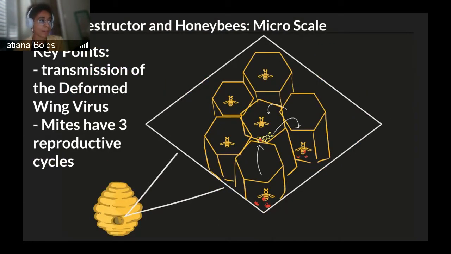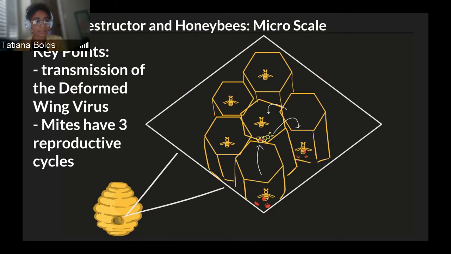If we go to the next slide, you can see the microscale interaction between mites and bees, where within the hive, the varroa mite can ride on a worker bee to reach the brood or larvae within the cells. They enter these cells and feed off the bee larvae, producing approximately 2 mites per brood. While they're feeding on that larvae, they transmit diseases into it.